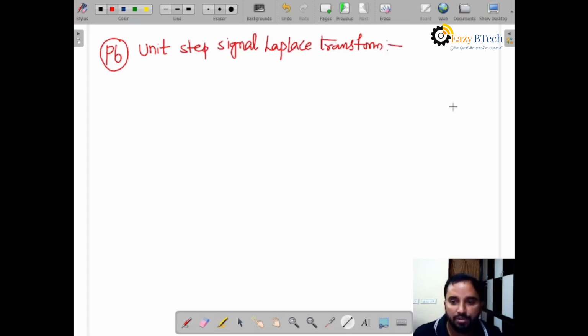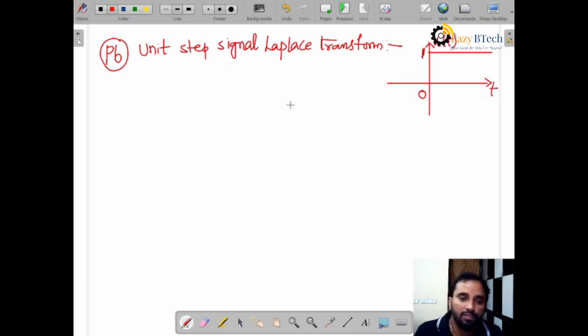Already we know what the unit step function looks like. So this is a unit step signal. Amplitude is 1 and it is denoted as u of t. So what is the Laplace transform of u of t? Normally we can do it by formula. So what is the formula?